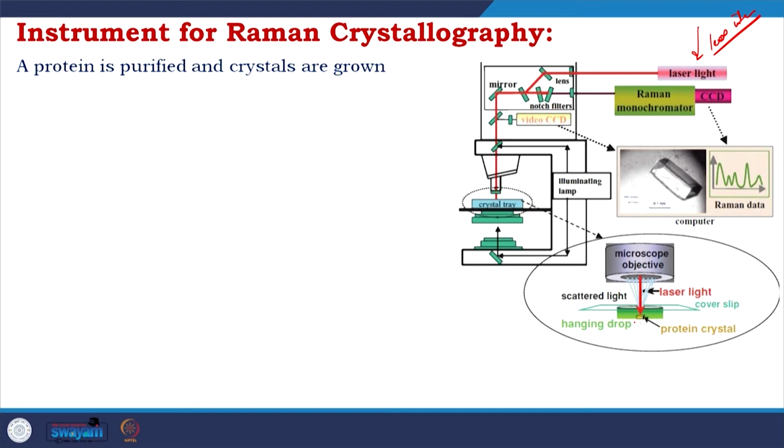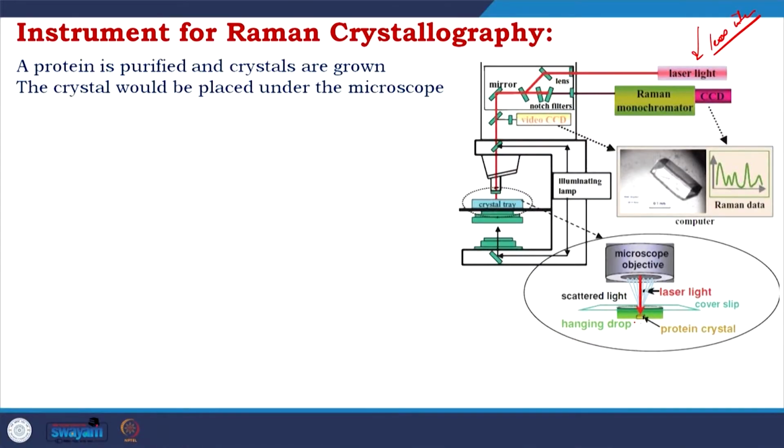A protein is purified and crystals are grown. You could do that only if you have the protein crystallography setup, only if you do all the top things we have discussed in the protein crystallography lectures. The crystal would be placed under the microscope.